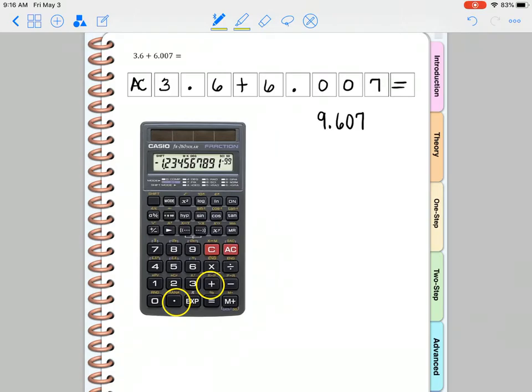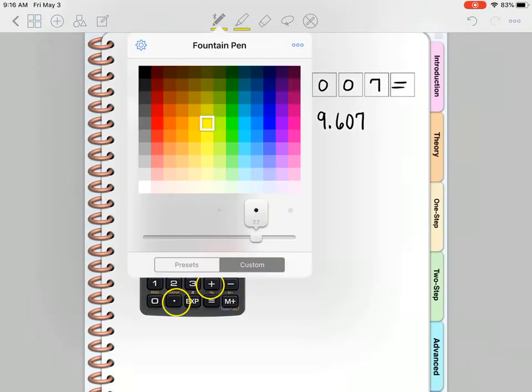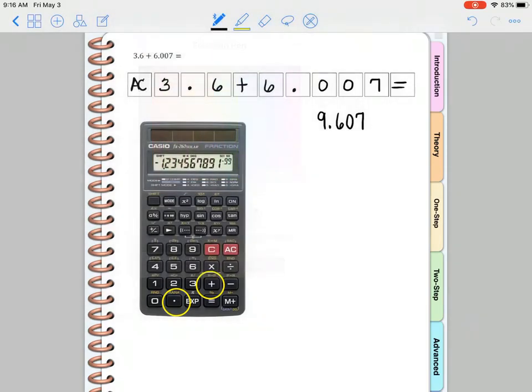What I do want to point out to you, and this is so very important, is that your calculator does not understand a comma. So if you see a comma in your number, please do not press the decimal key. That is a different thing entirely.